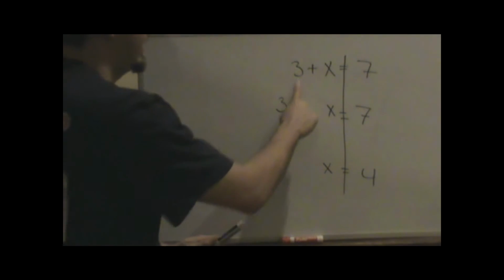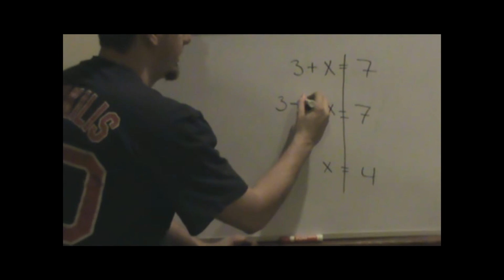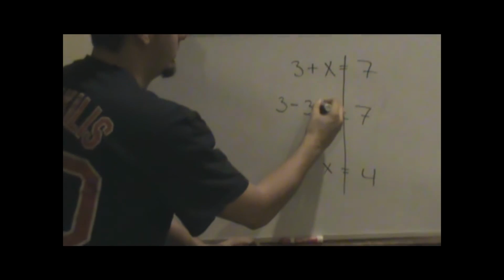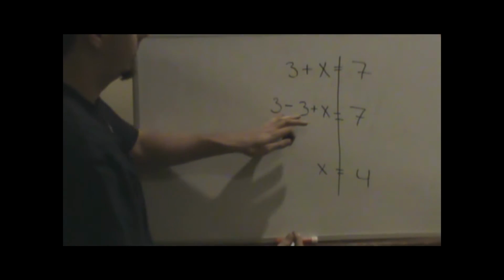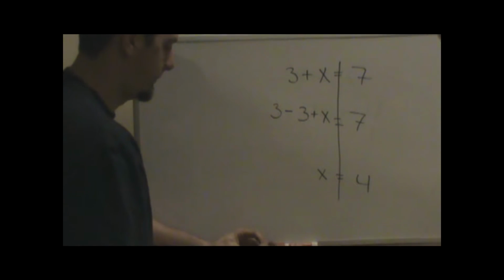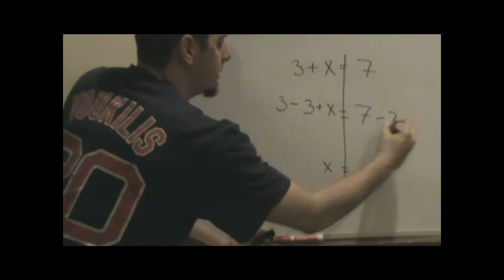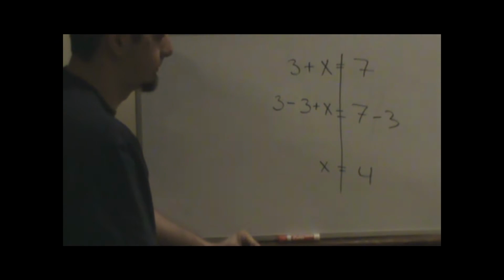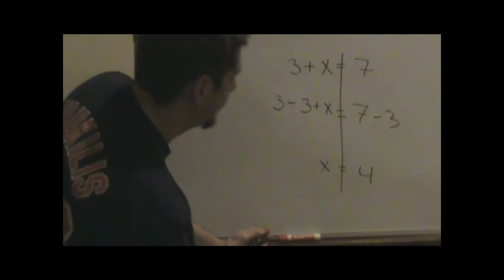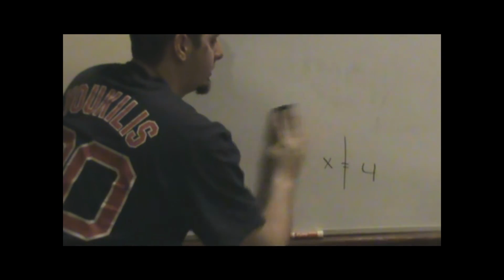We could still look at it as 3 plus, so we want the opposite, and so we're going to do 3 minus. 3 minus 3 is 0, plus x is x. And then you minus 3 on the other side as well. You get 4.